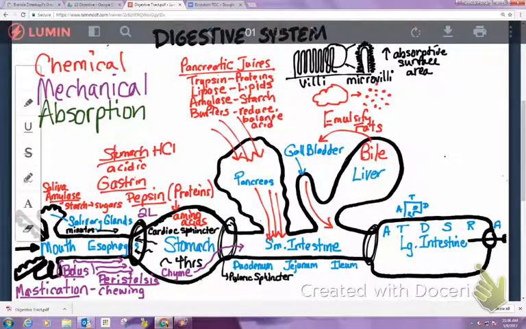Where else have we seen something that becomes highly segmented, highly folded, that allows for lots and lots of absorption or diffusion? The system we just studied, the alveoli in the lungs.